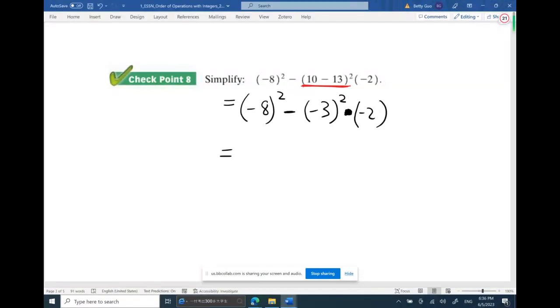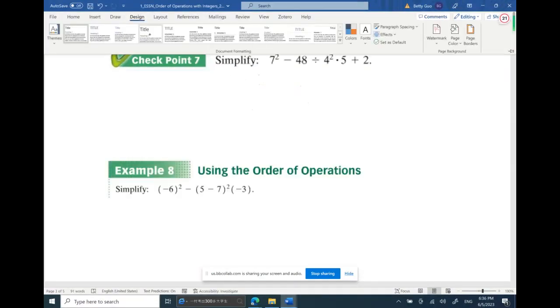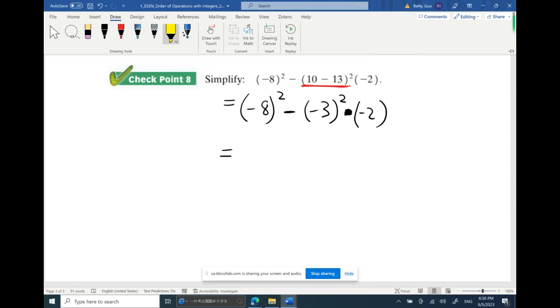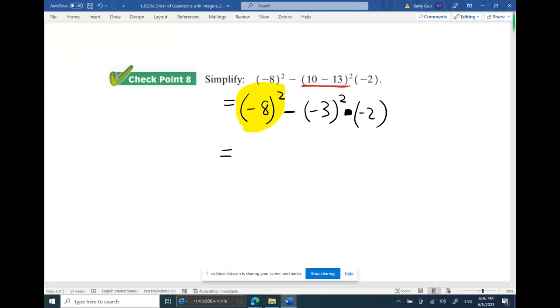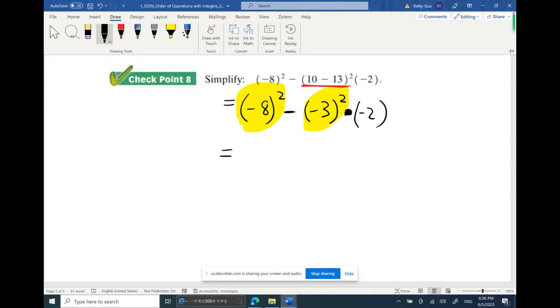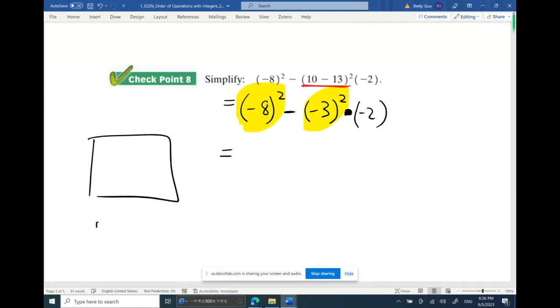Exponentiation, right? We have this power and this power. I'm going to evaluate them separately on my scratch paper. In this one, I do -8 to the power 2. In this one, I do -3 to the power 2.